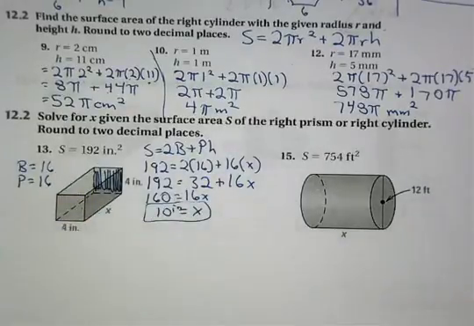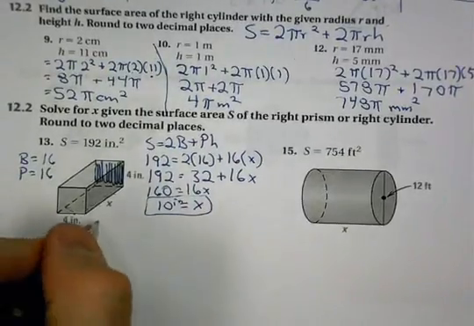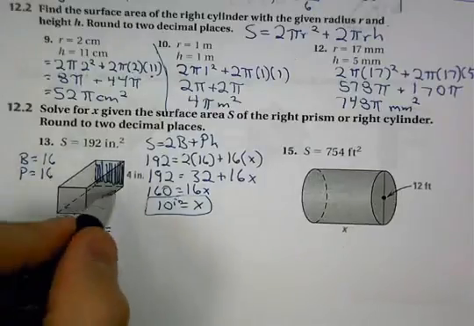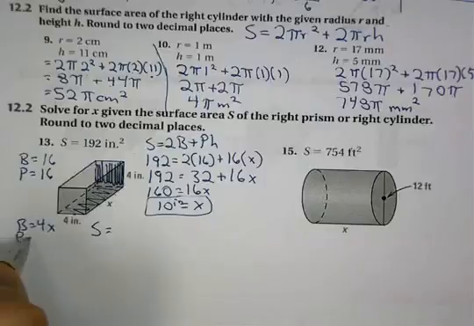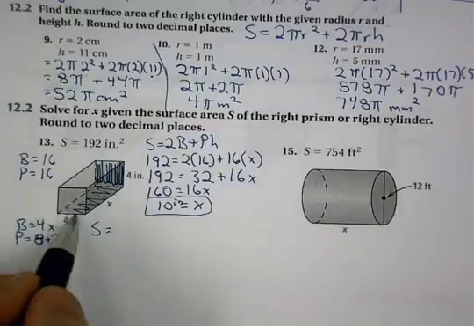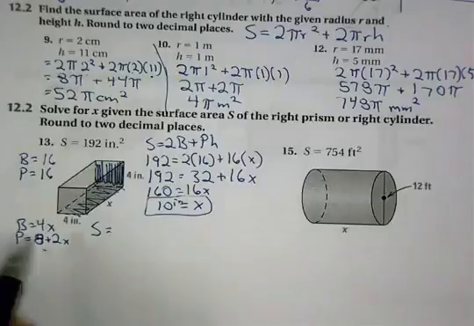Now, let's go back and let's assume that I use this piece as the base. So if I did that, my base area would be 4x. My perimeter would be 8 plus 2x, because it'd be 4 and 4, x and x, so that would be the total for perimeter.